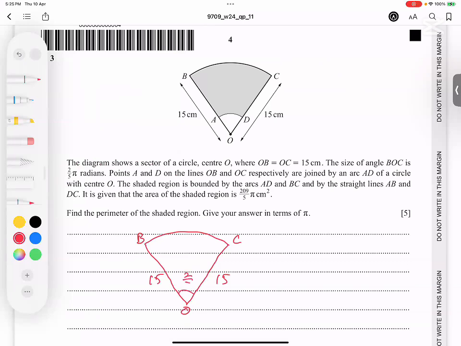He mentioned further the two arcs, the shaded area between AD and BC. So the second arc I mention here, ADO, and when I bring it down, I believe you understand. And for the shaded area, if from the bigger sector you subtract the smaller sector, you get the shaded area.